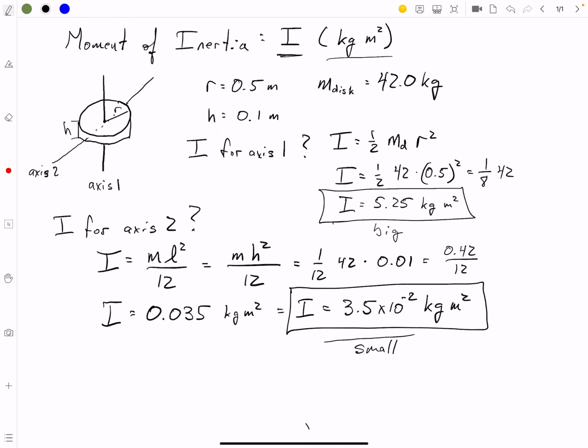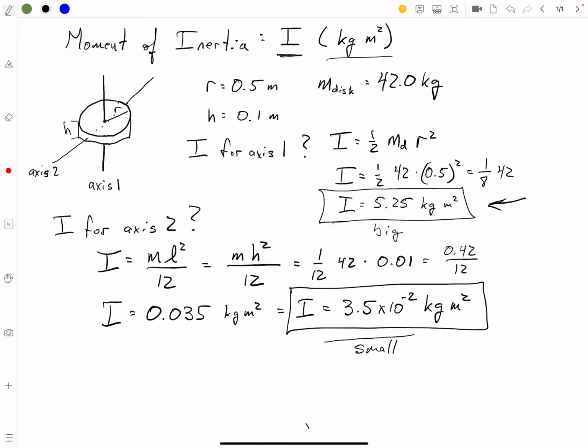So spinning a disc about its center axis, like the CD we were talking about before, gives us this moment of inertia.